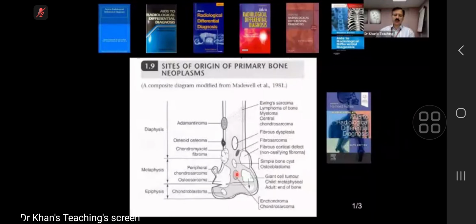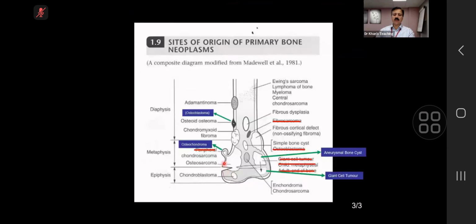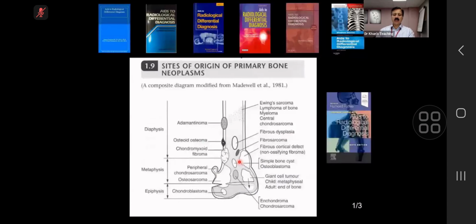But there is another cartilaginous tumor, which is here. And there is a bit of a mistake here. The mistake is that this is an osteochondroma actually. It is not written like this. And this osteochondroma, or a cartilage cap exostosis, can also malignantly transform into a chondrosarcoma. So when I used to teach on this diagram, I used to tell my students to make a few amendments, addendums. So I'll come back to that. But basically, I recap.